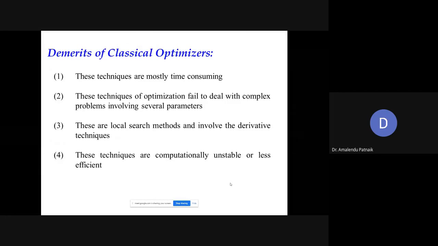If you apply the classical optimization technique, you need to find derivatives. But there are situations where you can't find a derivative at a particular point. These techniques are computationally unstable or less efficient, right?